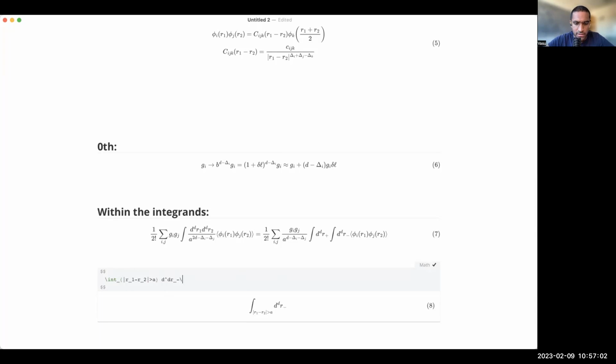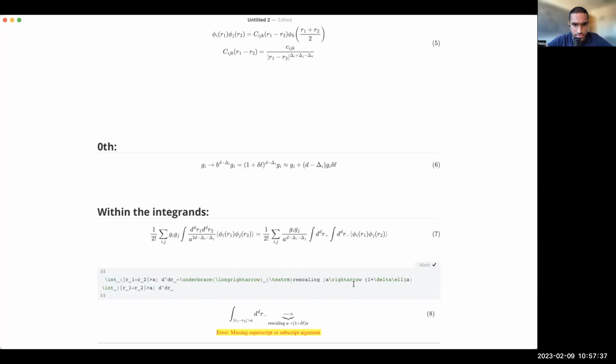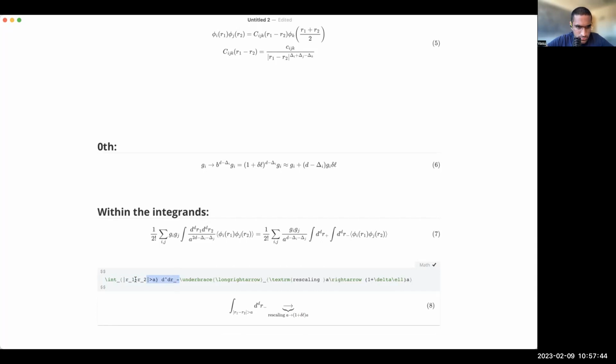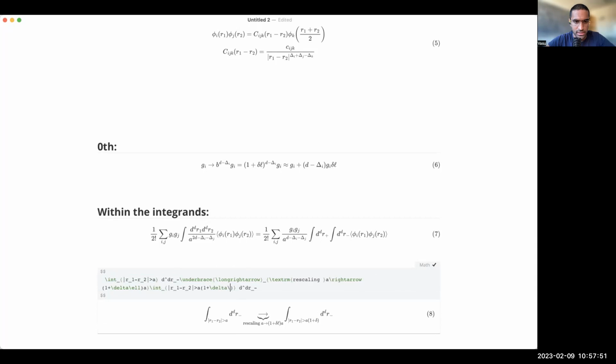And then under rescaling, what I really want to say is that under rescaling, which goes like a to 1 plus delta L A, we have that this integral goes to a having 1 plus delta L.